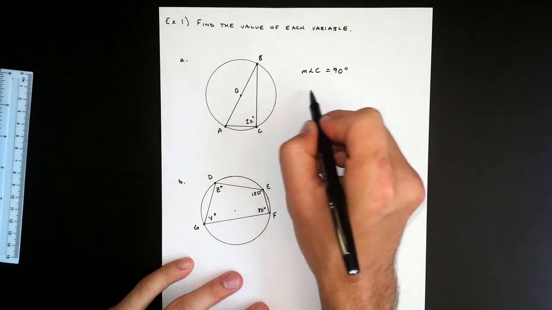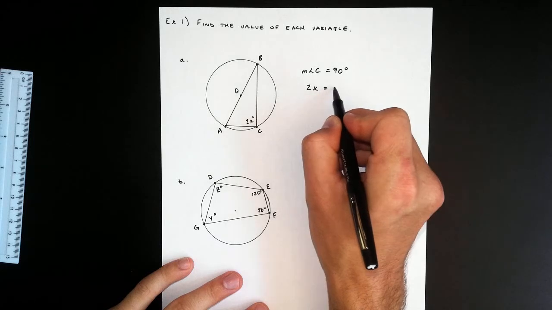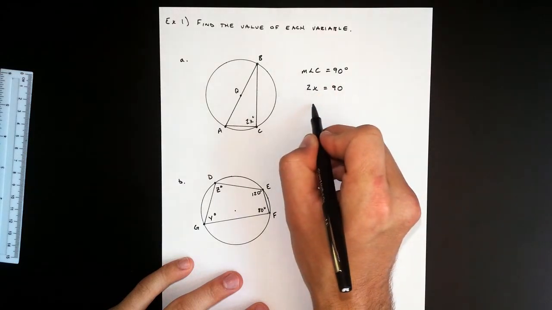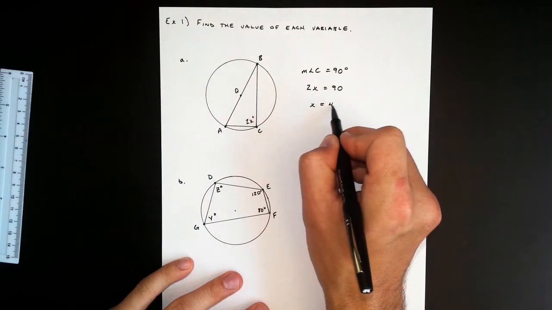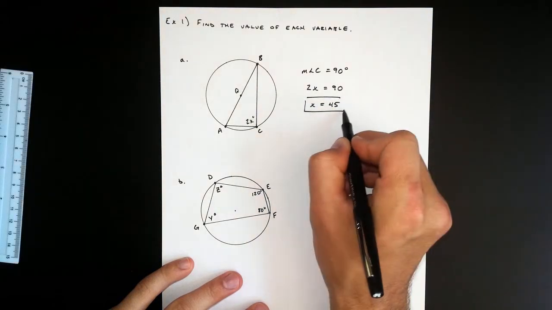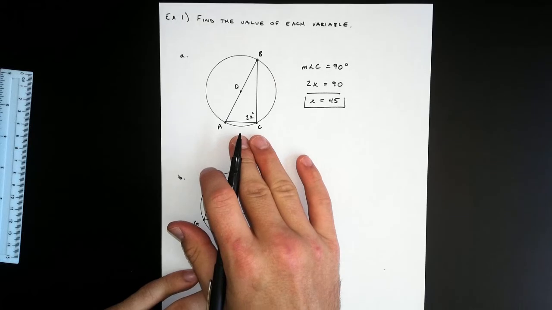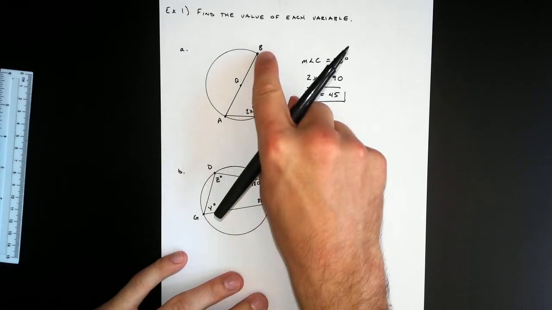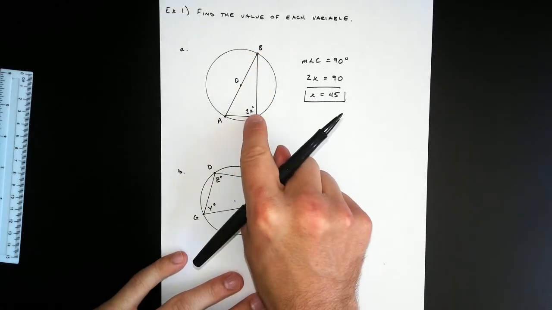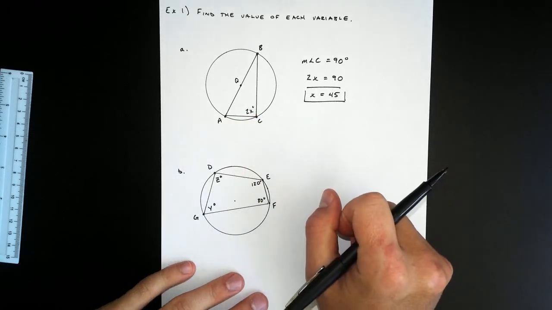So then we have that labeled as 2x has to be 90, dividing by 2, x has to be 45. So in that case, it's all about just recognizing the situation. I know that AB is a diameter, so I know that this angle has to be 90.